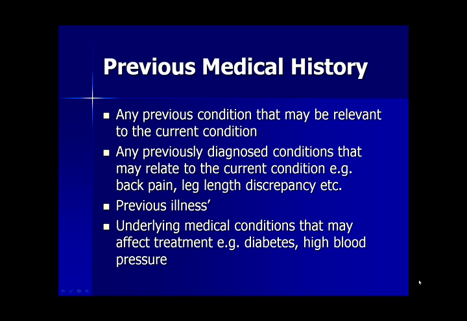Are there any previously diagnosed conditions that may relate to the current condition, such as back pain or a leg length discrepancy? Has the patient suffered from any recent illnesses? Has their immune system been affected, for example? And are there any underlying medical conditions that may affect treatment, such as diabetes, high blood pressure, etc.?